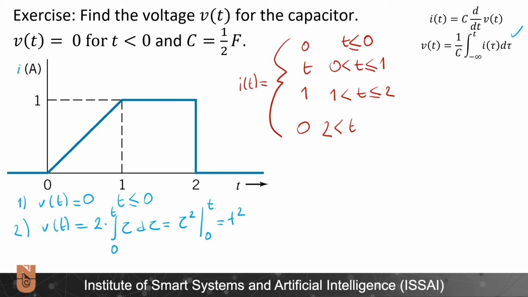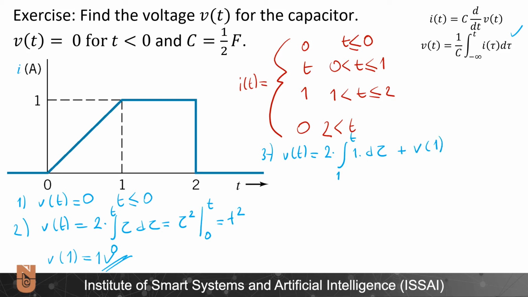And so that I have the initial condition for the next range, I will calculate V1, which is equal to 1 volt. I will use this as an initial condition for the third range. Now I need to find the voltage for the third range. V of t is equal to 2 times an integral from 1 to t of 1 d tau, plus I will add to this the voltage value at t equal to 1 second.